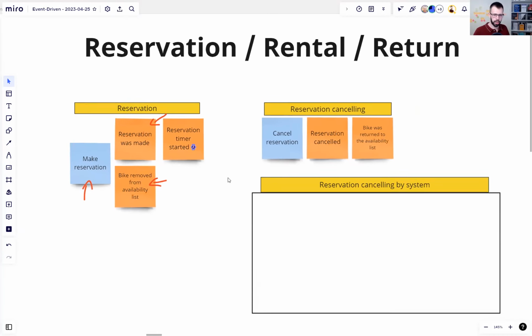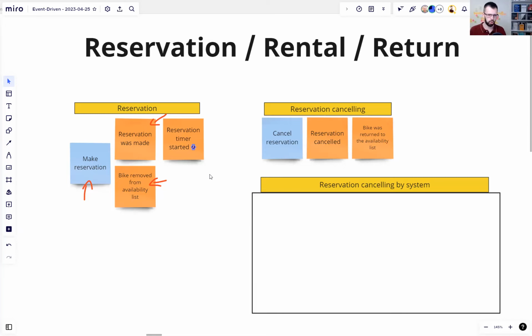But the real complication sits in reservation cancelled by system. Because when the reservation is cancelled by system, we don't only want to return the bike to the availability list, but also we want to somehow punish the client for the fact that they didn't cancel this reservation on time.